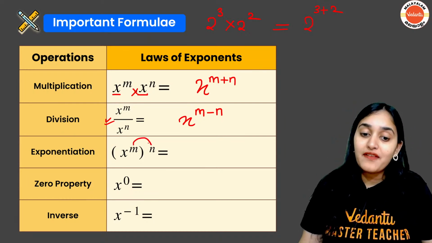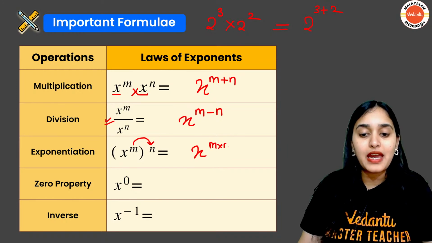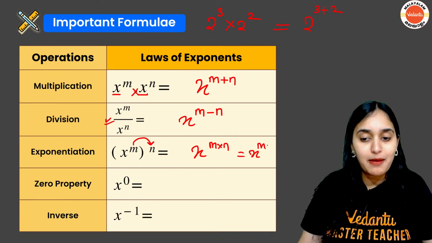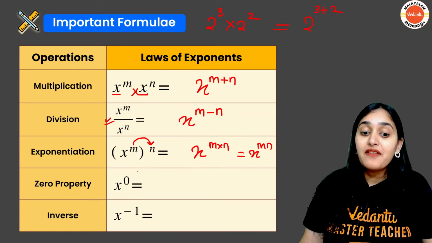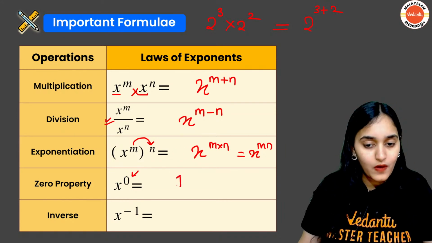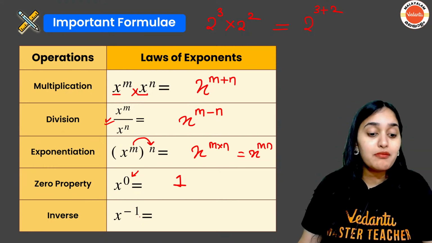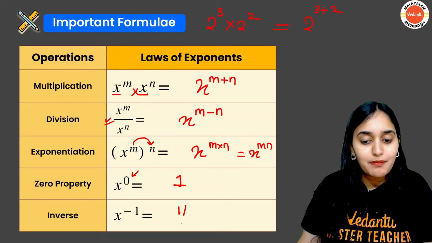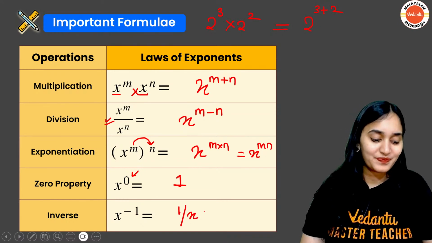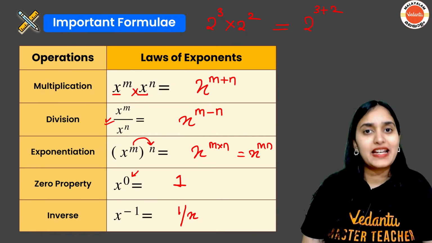When it is power of power, we multiply the powers. m into n is equal to x to the power mn. When the power is 0, any number to the power 0 is what? 1 always. And any number to the power minus 1 is what? Reciprocal of that number. Very good, Deepti. So these are the laws of exponents.